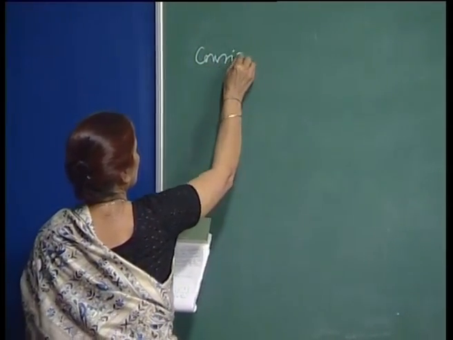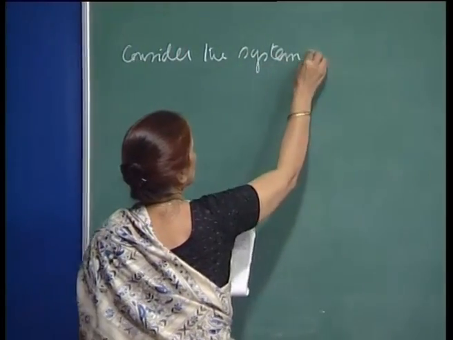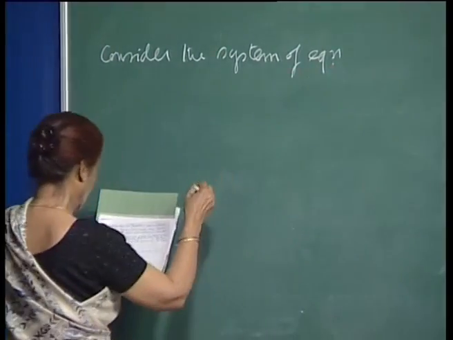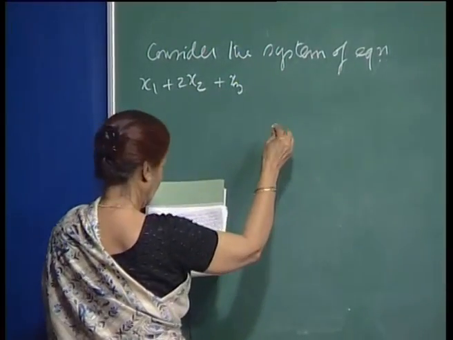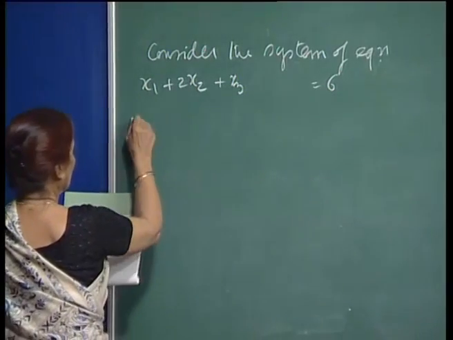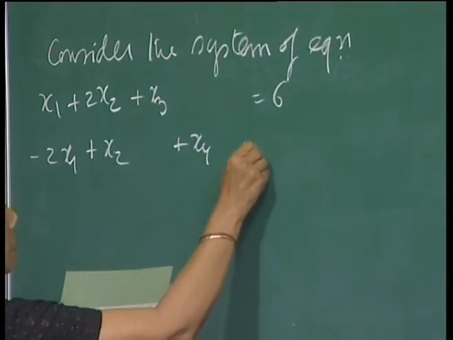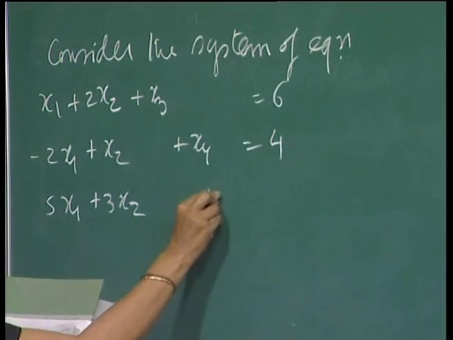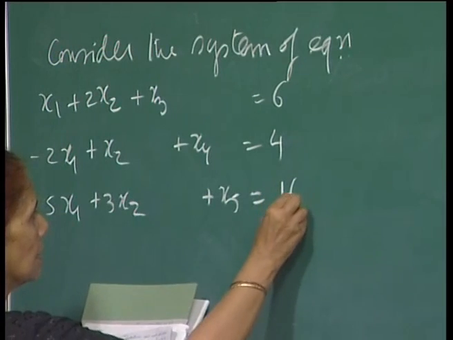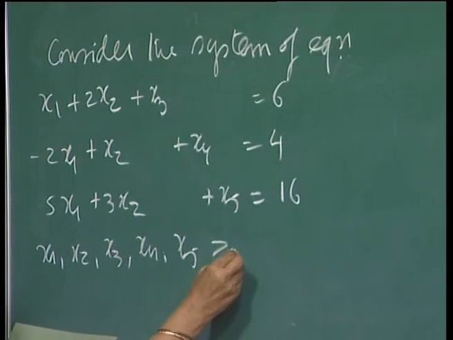Consider the system of equations: x1 plus 2x2 plus x3 is equal to 6; minus 2x1 plus x2 plus x4 is equal to 4; 5x1 plus 3x2 plus x5 is equal to 16; and your variables x1, x2, x3, x4, x5 are all non-negative.